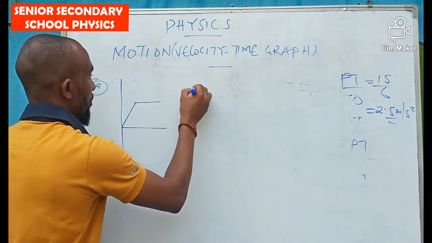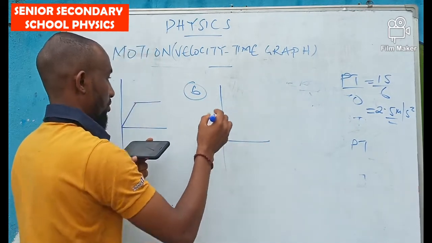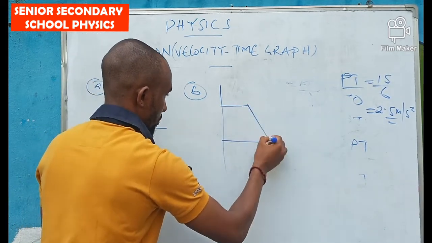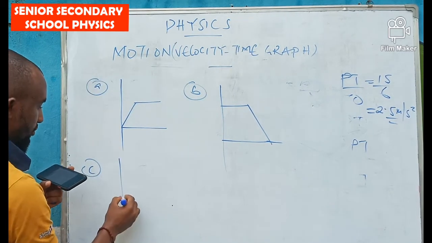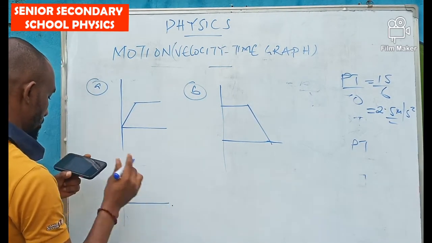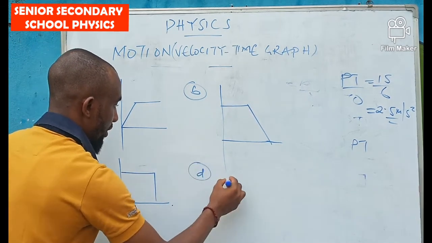This is A, for B we have this graph, then for C we have this, then for D we have this.